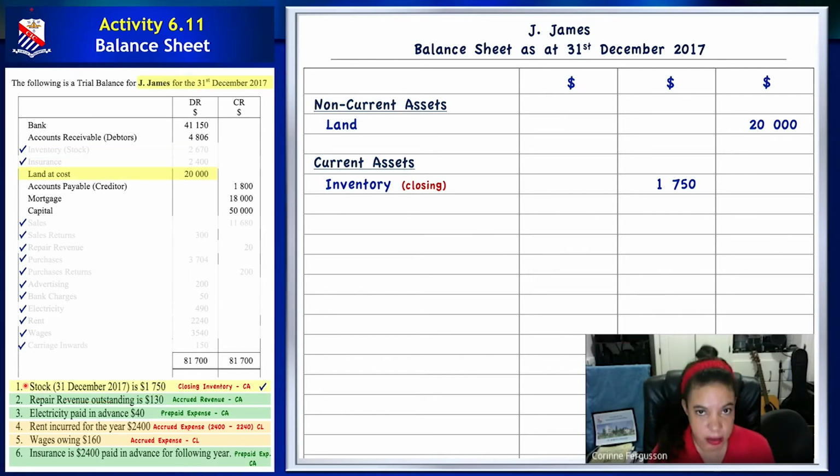Accounts receivable, also known as debtors. So you look into your trial balance, and you will find your accounts receivable there. You just plug in a figure right underneath your inventory, 4,806. That's it.